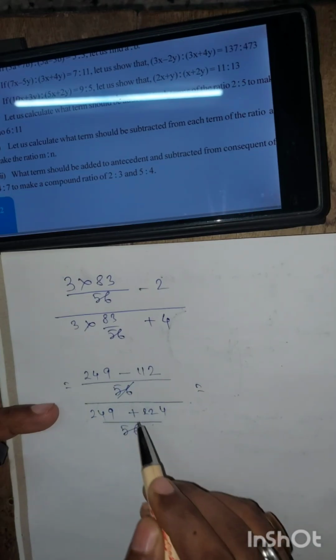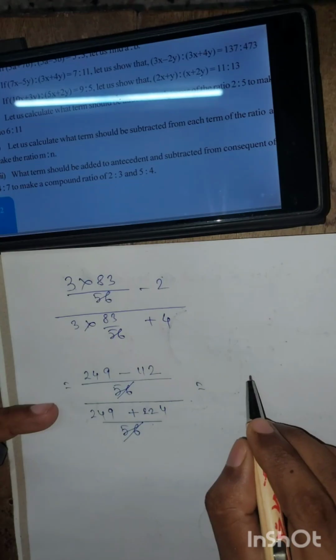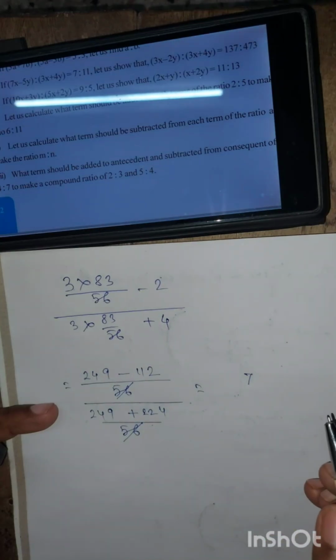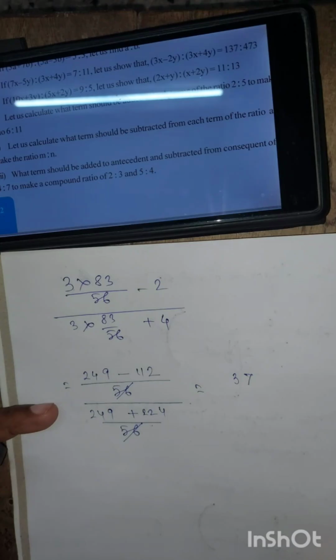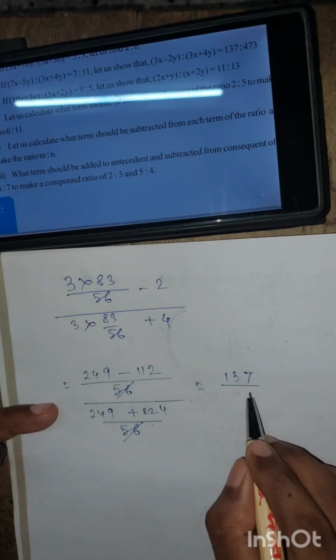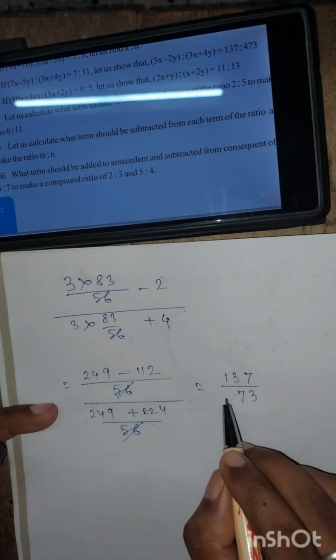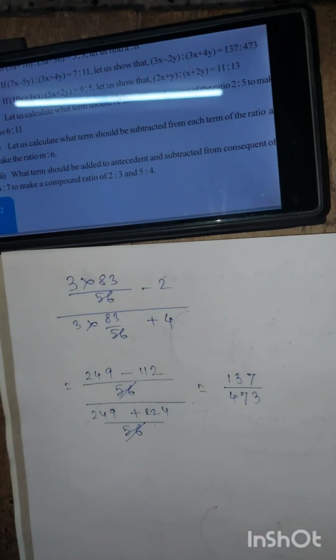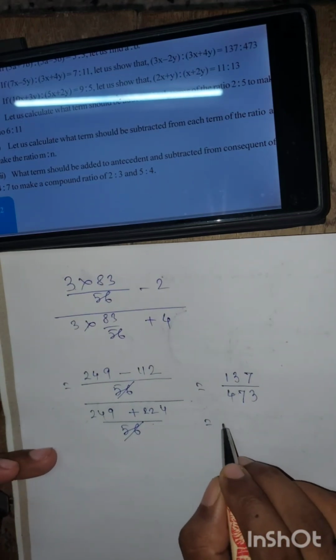Fifty six can be cancelled. So this is equal to RHS.